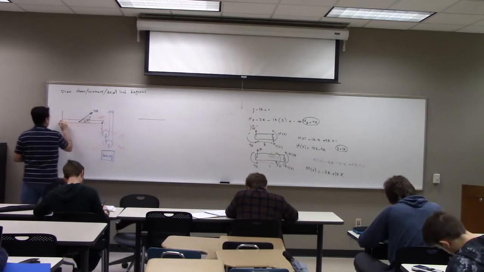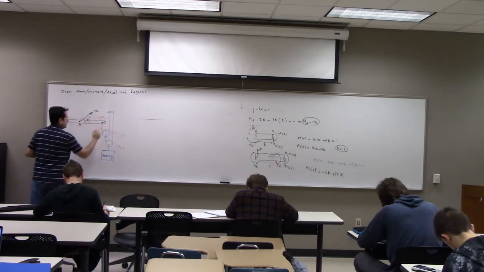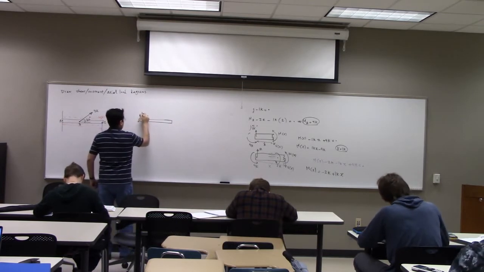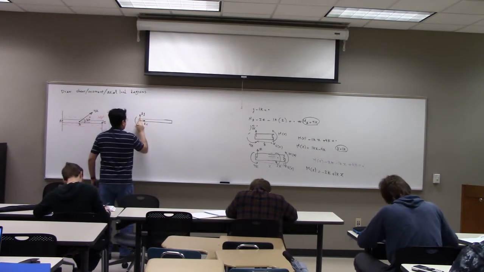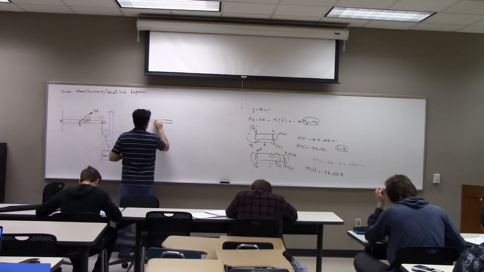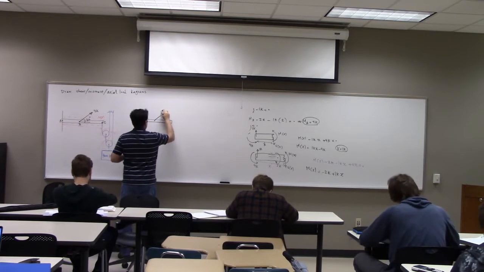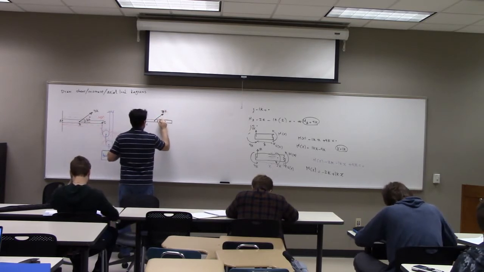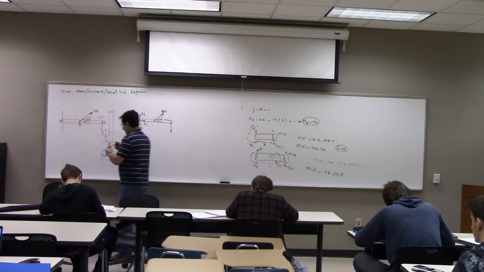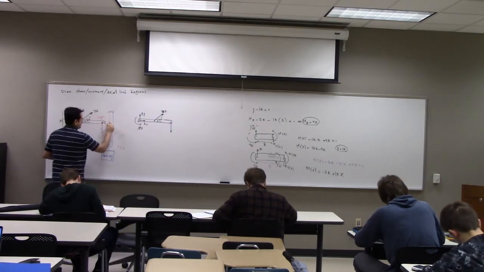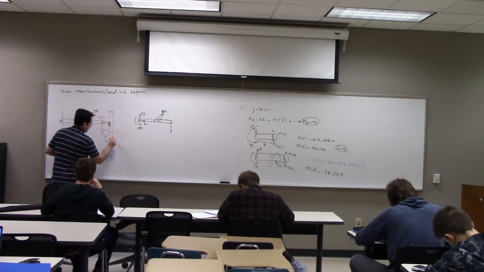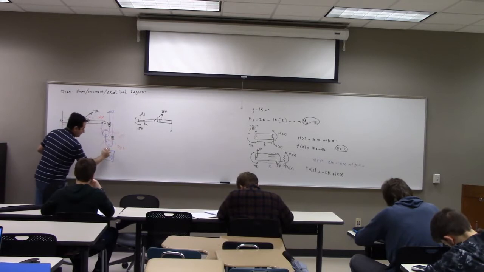So let's take this point A, B, C. AY, AX, MA, 3K, 30 degree, 3K, and here, let's say this cable is cable number 1, and let's say this cable is cable number 0.